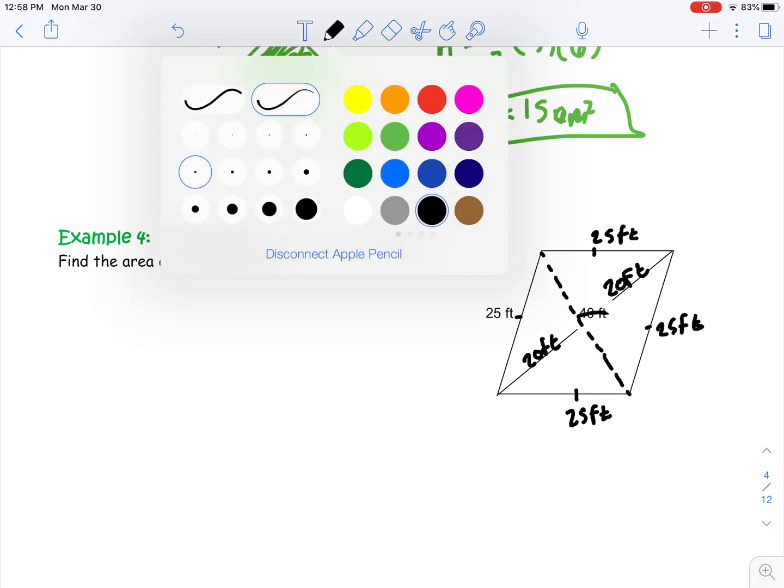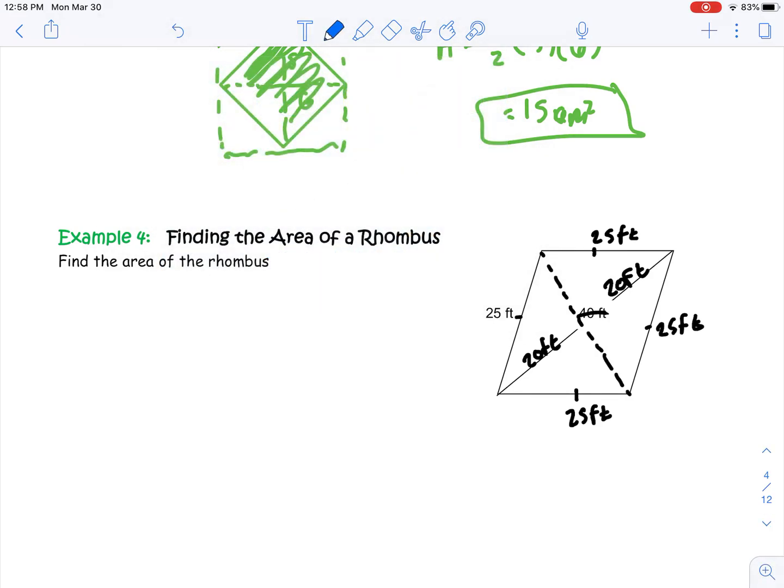And the only thing we don't know at this juncture is the length of this part of the diagonal. And again, we would just simply do the Pythagorean theorem in order to find it. And when we do, we would discover that this just so happens to be 15 feet. And this is then 15 feet.